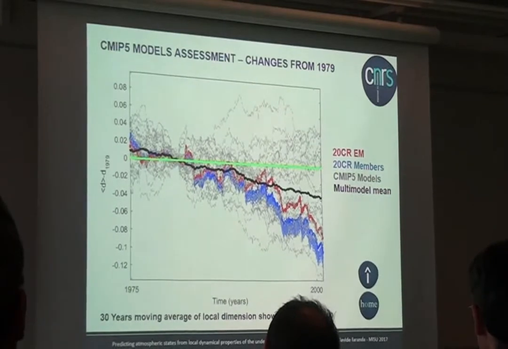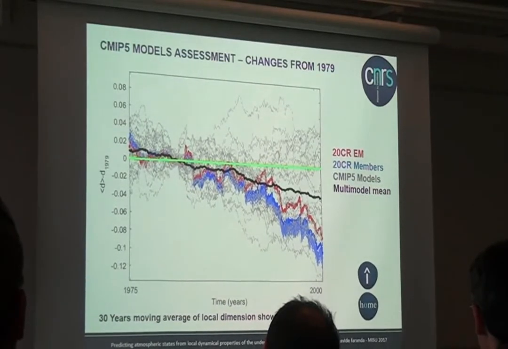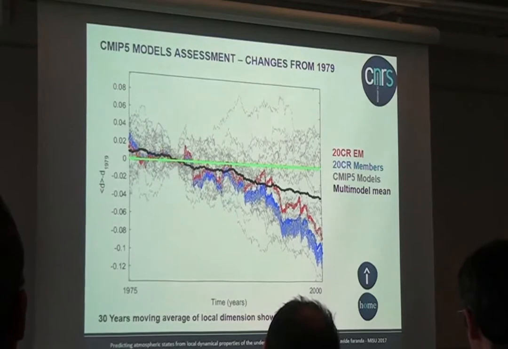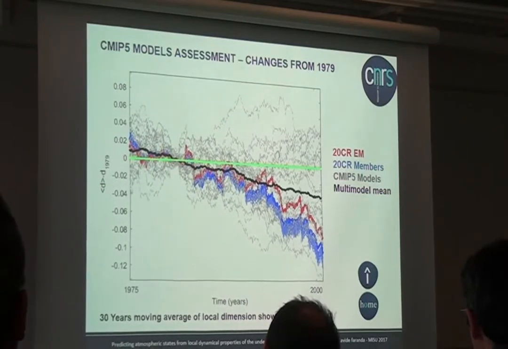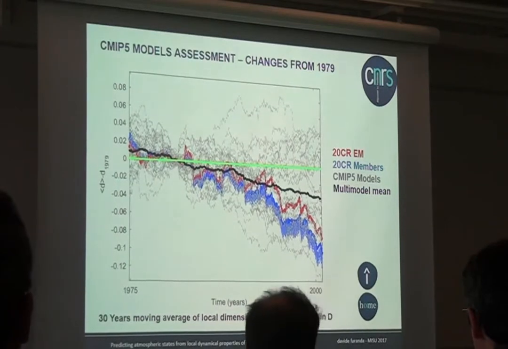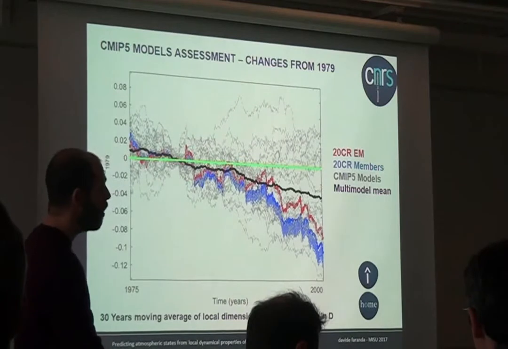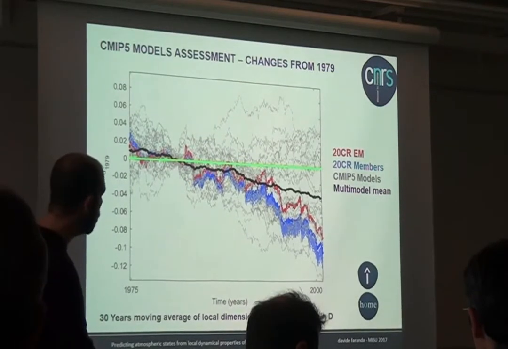This goes toward more predictable atmospheric states, which would correspond to a more zonal flow, because we say that what is unpredictable is the wavy part of the flow.